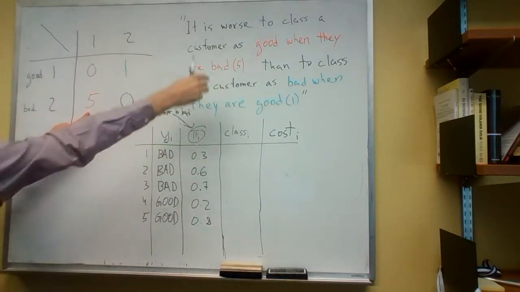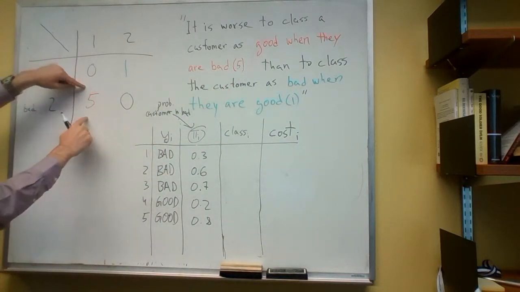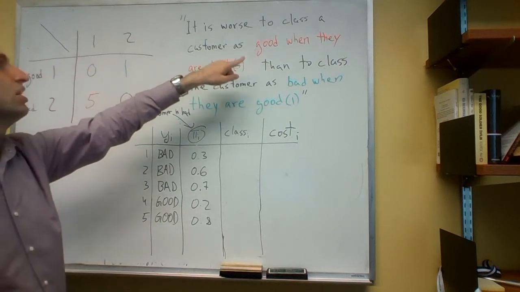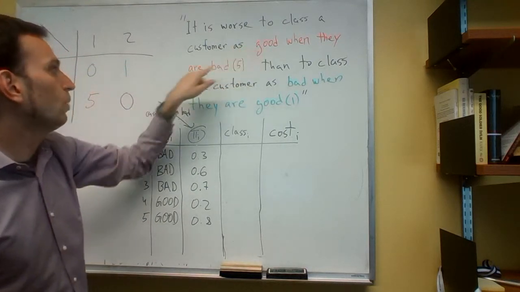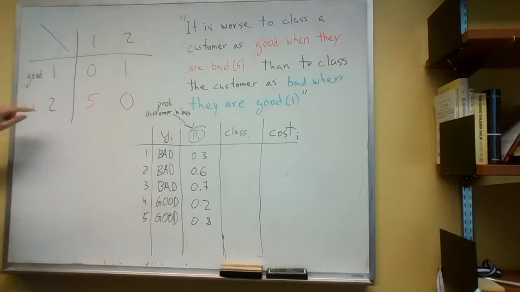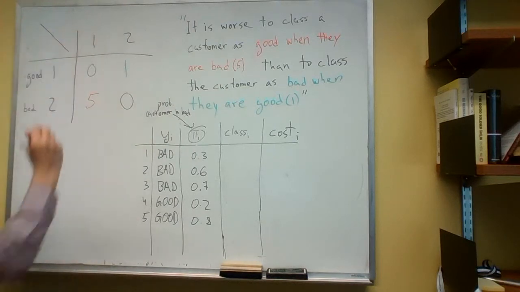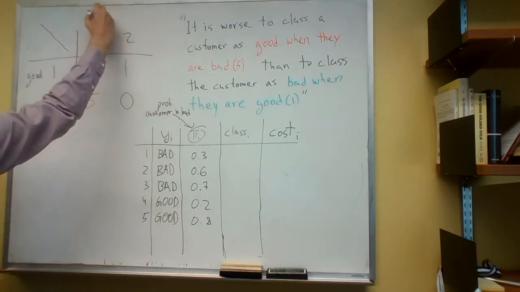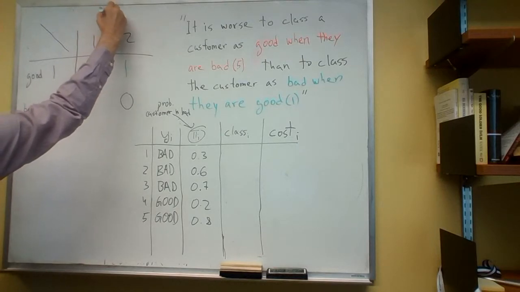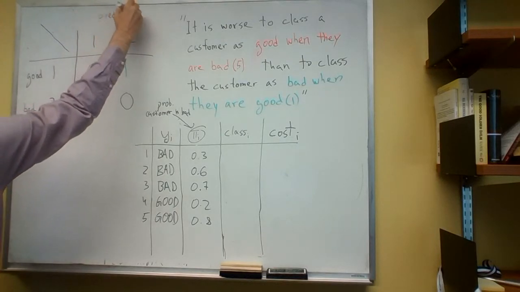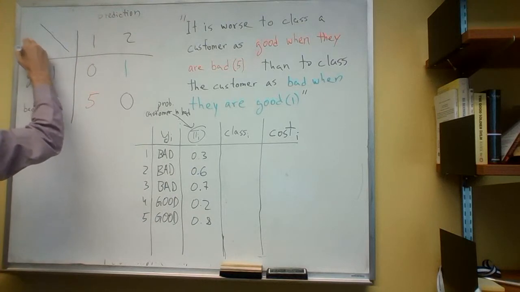So this 5 corresponds, it says, to classing the customer as good when they're bad. Good means 1, so this means that this is the prediction, and this is the true class.